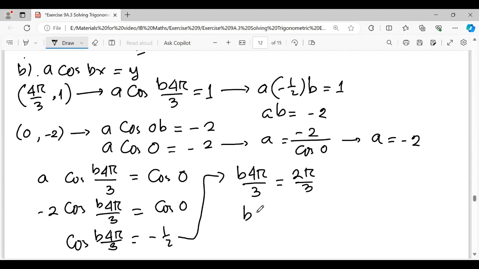So it means b times 4 pi equals 2 pi and b equals 2 pi over 4 pi, half. So this is a, this is b, already.